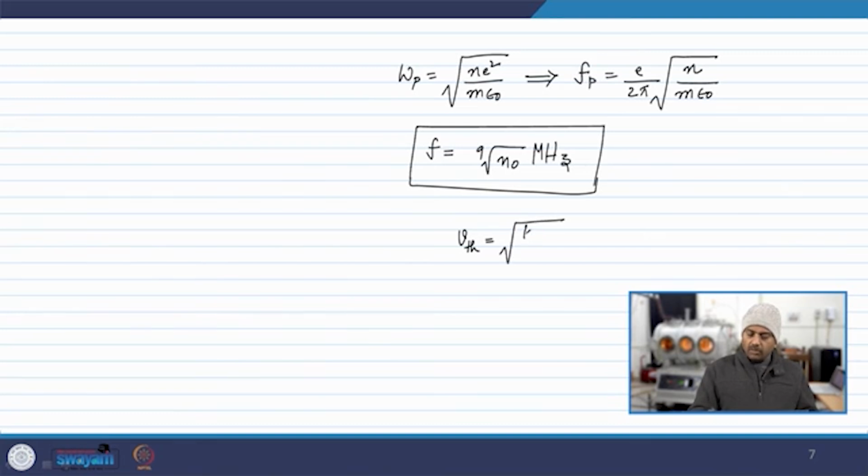The thermal velocity of particle is square root of k_B T_e by m_e, where k_B is the Boltzmann's constant, T_e is the electron temperature, and m is the mass. Okay. What are we doing? We have so far just substituted and got an expression for the plasma frequency. The thermal velocity is this.